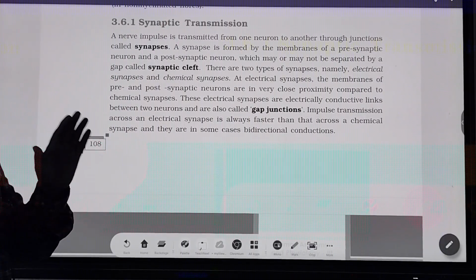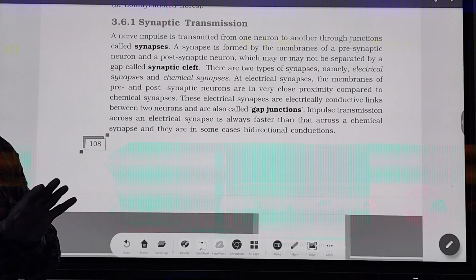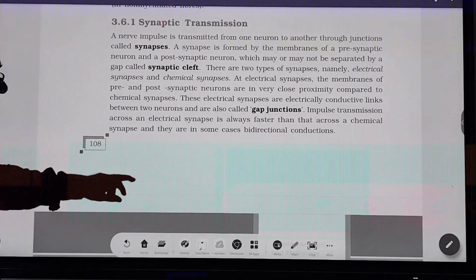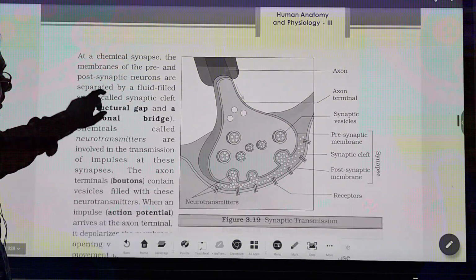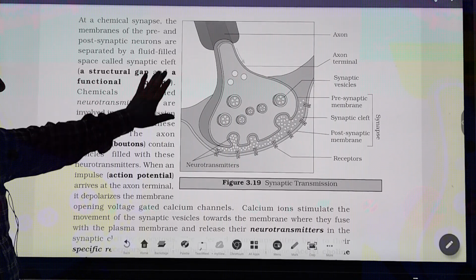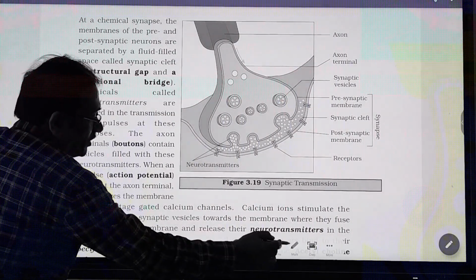Okay, now the synapse. The synapse is the gap between two neurons. In that gap, what is happening is called synaptic transmission. See, this is the axon terminal. I am drawing the same diagram here for your better understanding.